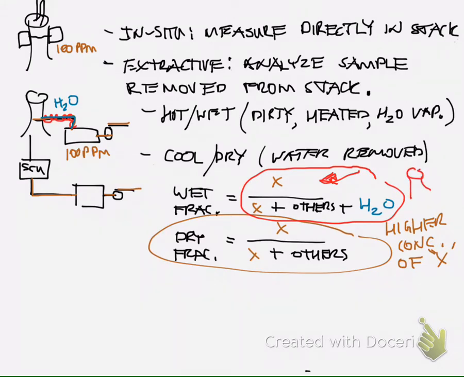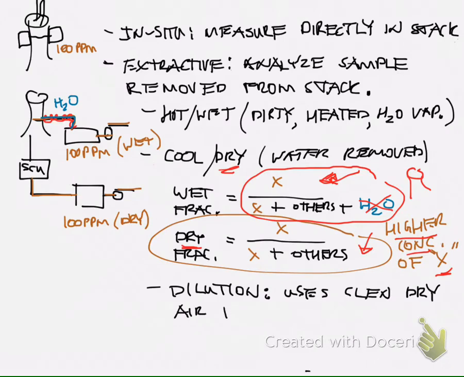But down here, in the dry method, when we're using our dry fraction, the concentration is going to change, because now we've removed the water. It's gone, and what it does is it makes a higher concentration of X, the sample that we're trying to measure, right? And so that needs to be considered. It needs to be known. So when we're measuring these pollutants, we need to indicate what method we're using.